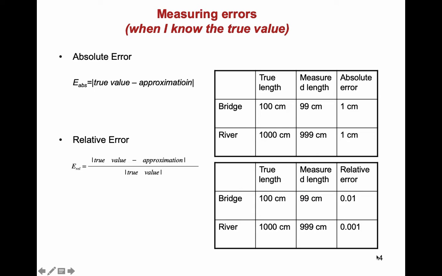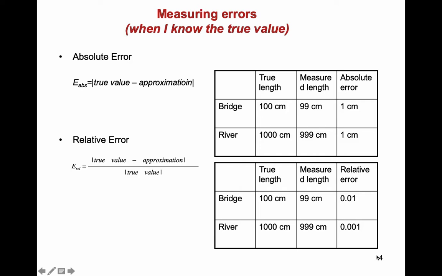Because in one case, I missed 1/100th of a bridge, and in another case, I missed 1/1,000th of a river. So I'm more accurate in the second case. This is why we introduced relative error, where we divide the absolute error by the actual true value, so we have an error relative to the size of the object I'm trying to measure.